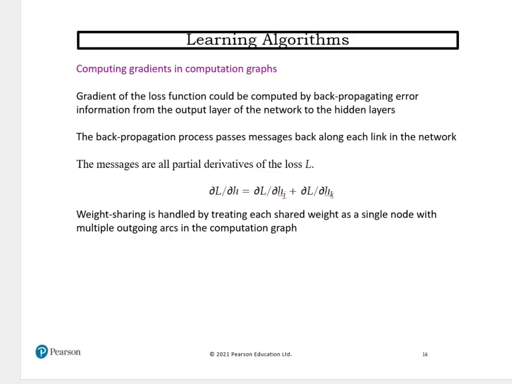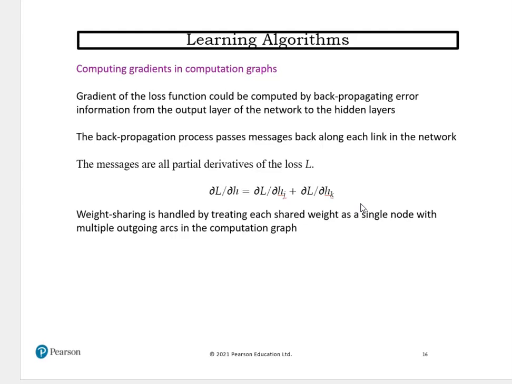So this is a typical partial derivative. Partial L partial H is equal to partial L partial Hj plus partial L partial Hk.